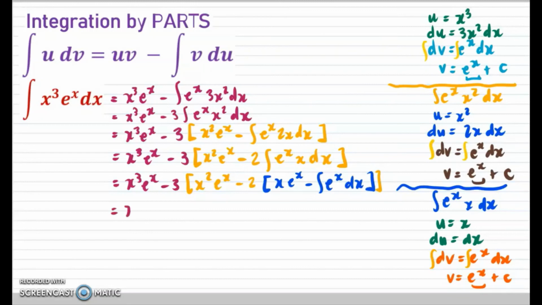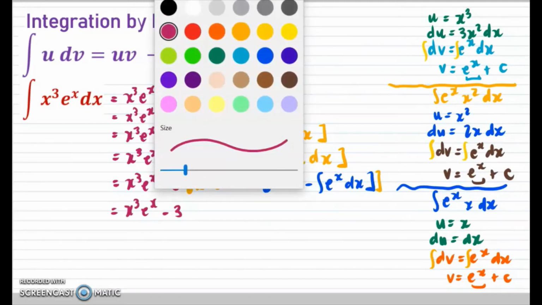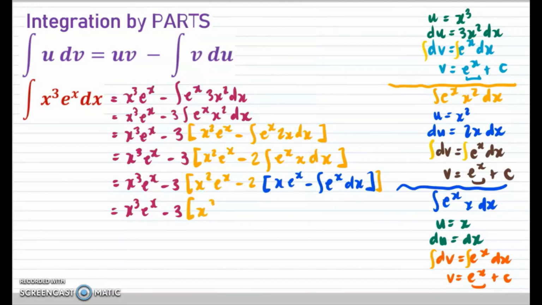So we have x cubed e raised to x minus 3, and then x squared e raised to x minus 2, and then x e raised to x, and we can actually get this part already.